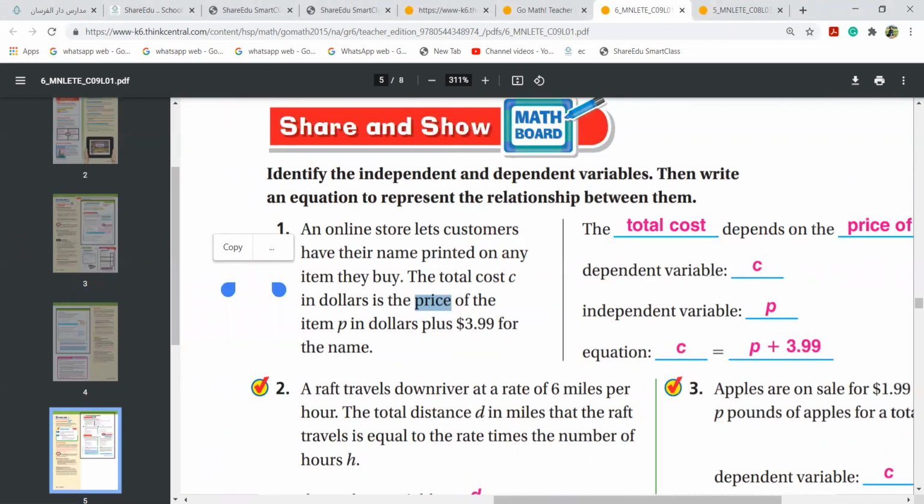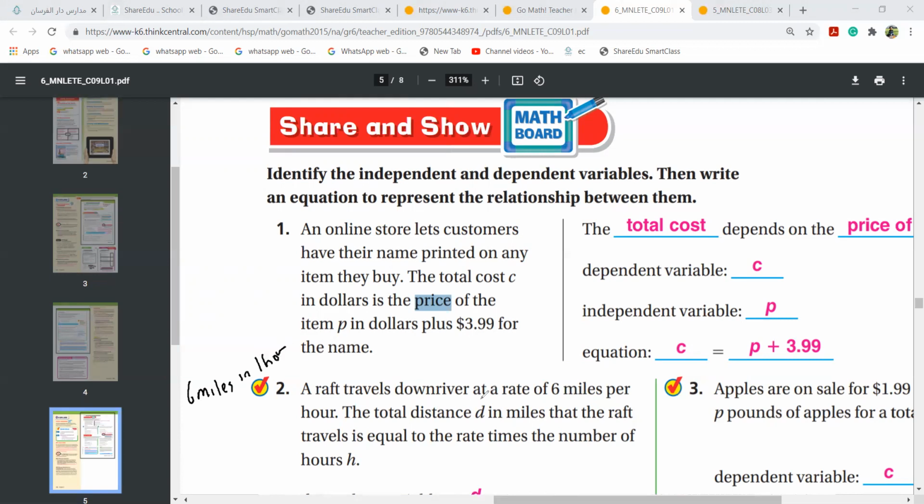Now, a raft traveled down river at a rate of 6 miles per hour. He traveled 6 miles in 1 hour.